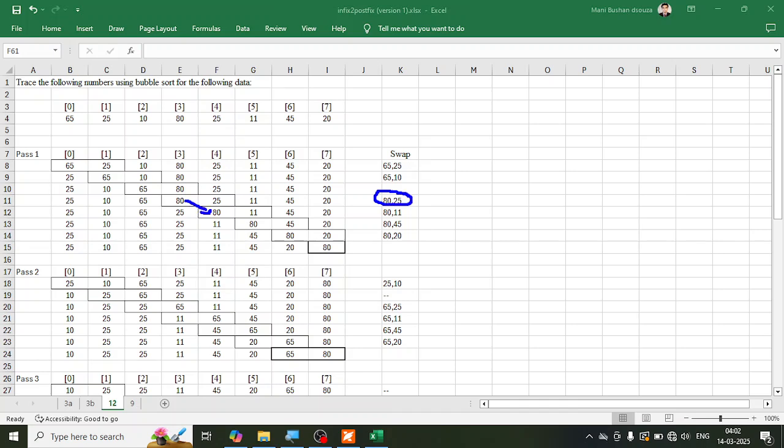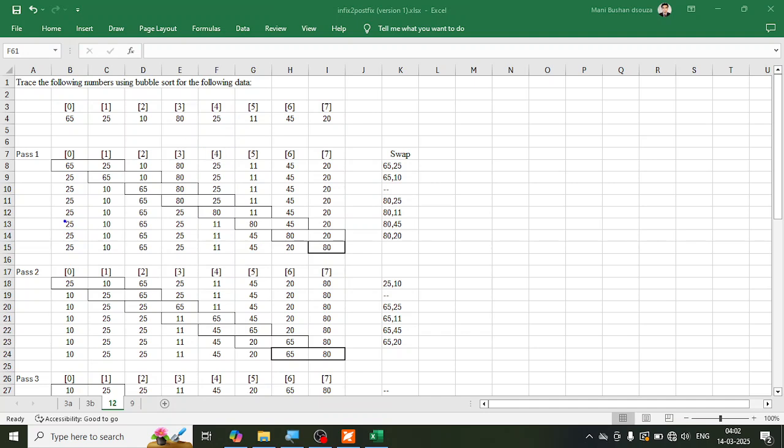So the 80 will come to the position of 25, and the 25 will come to the position of 80. So remember 25, which was at the index location 4, and 80 is at the index location 3. After swapping, 25 will be at the index location 3, and 80 will be there at the index location 4. So you have swapped them.